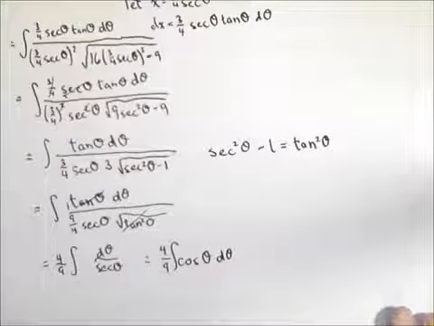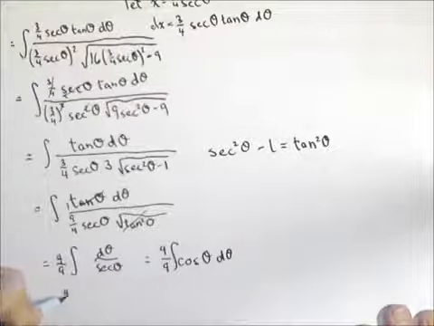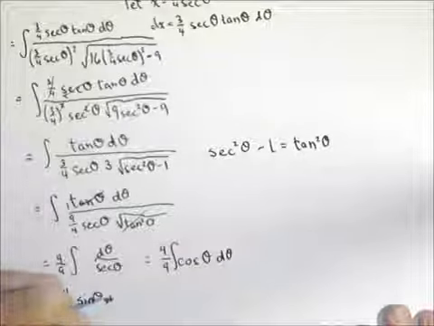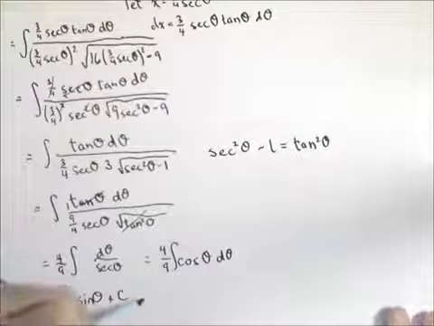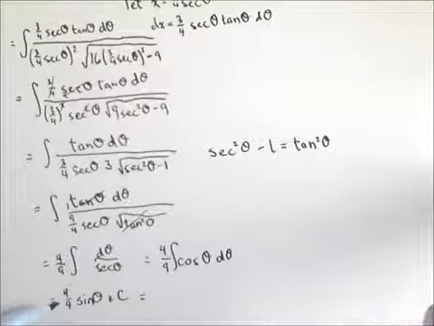So it turns out that this is just 4/9 sine of theta plus c. And we are almost done. The only thing is we have to return this thing to be in terms of x.